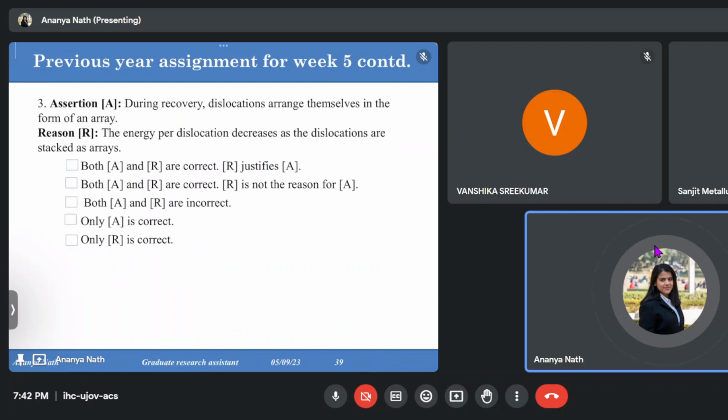Next is assertion reason type. So during recovery, dislocations arrange themselves in the form of an array. The reason is the energy per dislocation decreases as the dislocations are stacked as an array. So which one of these is correct?